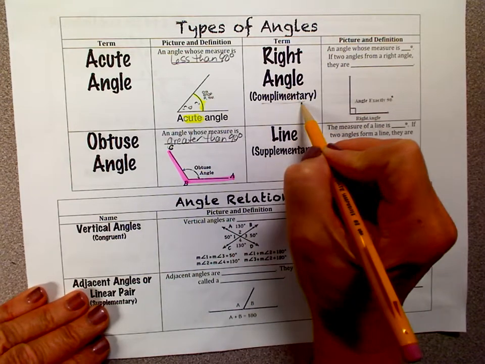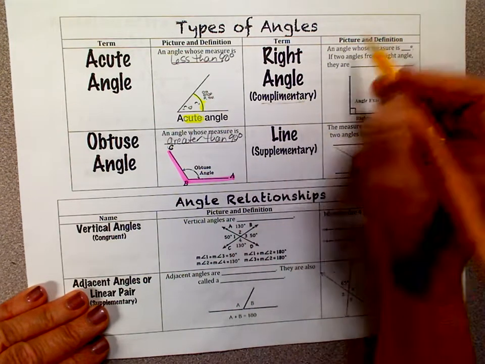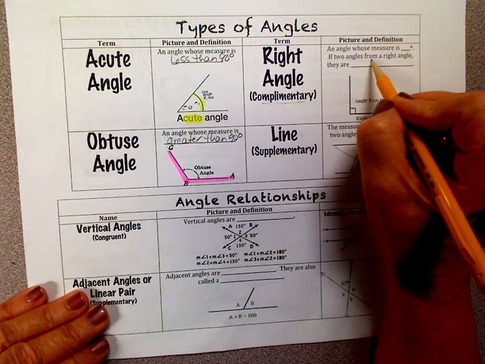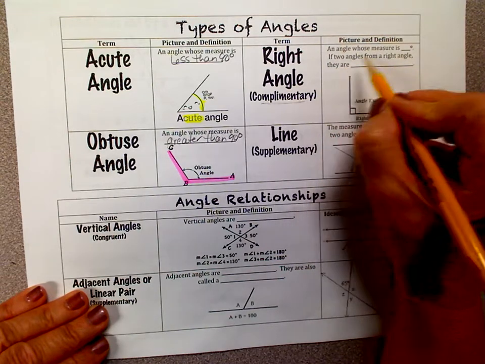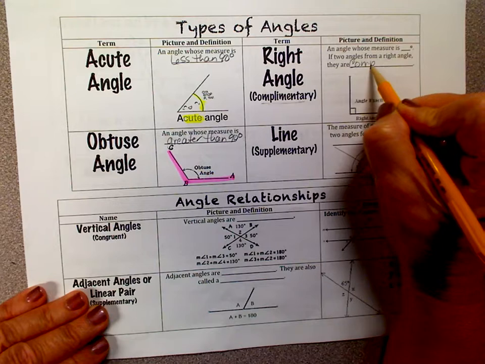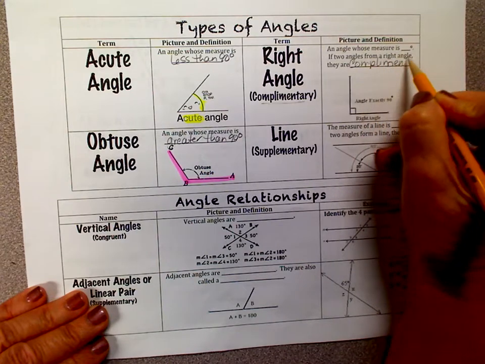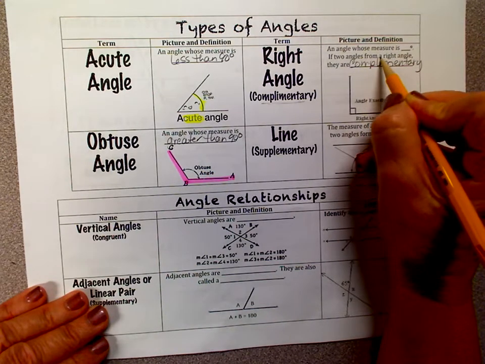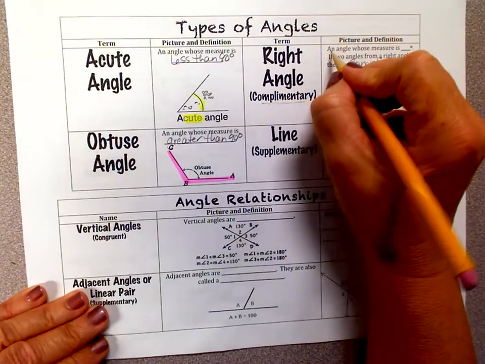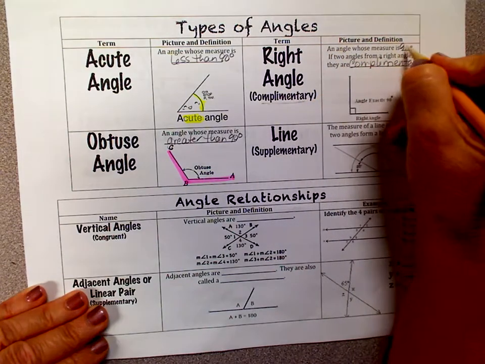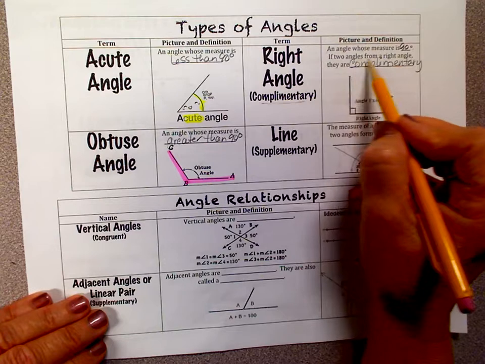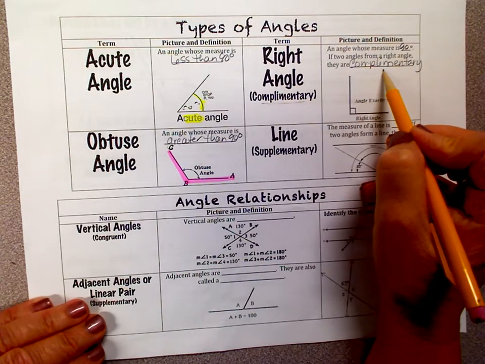You're going to see this word complementary. When two angles form a right angle, they are complementary. And this is the correct way to spell it. I was misspelling it the other day, putting an E here instead of an I. A right angle is an angle whose measure is 90 degrees, and if two angles form a right angle, they are complementary.